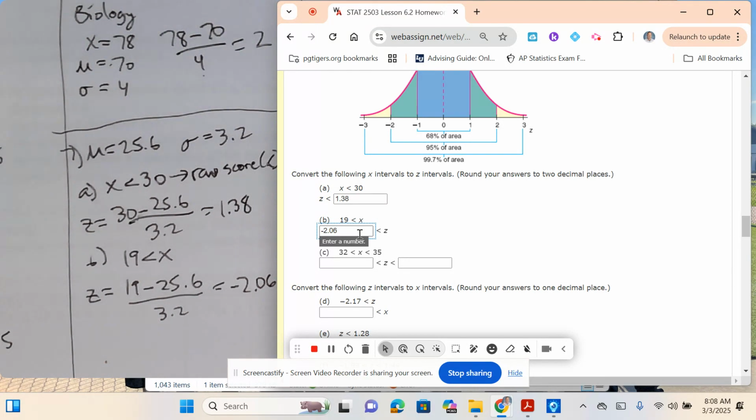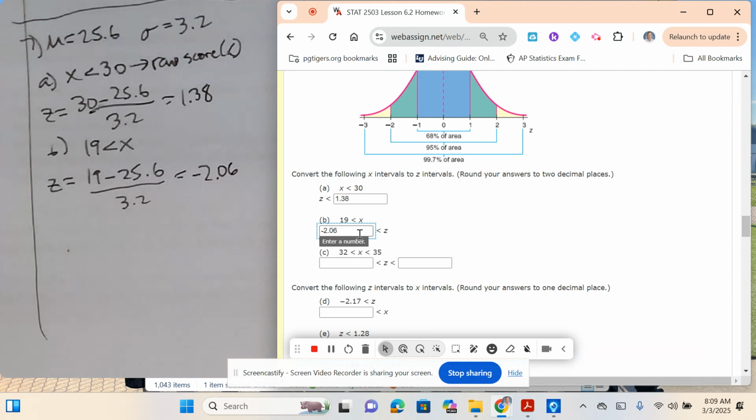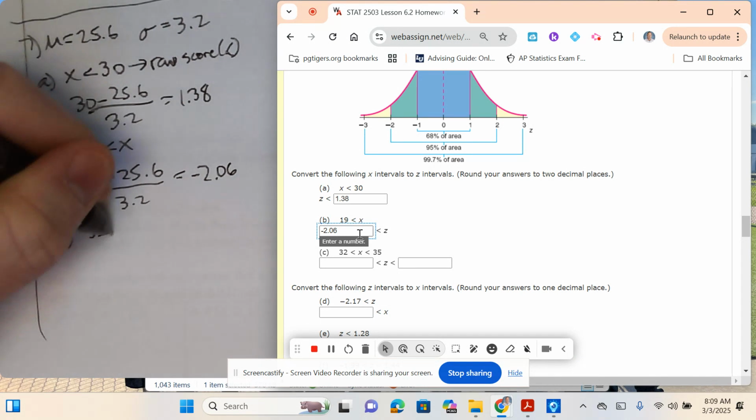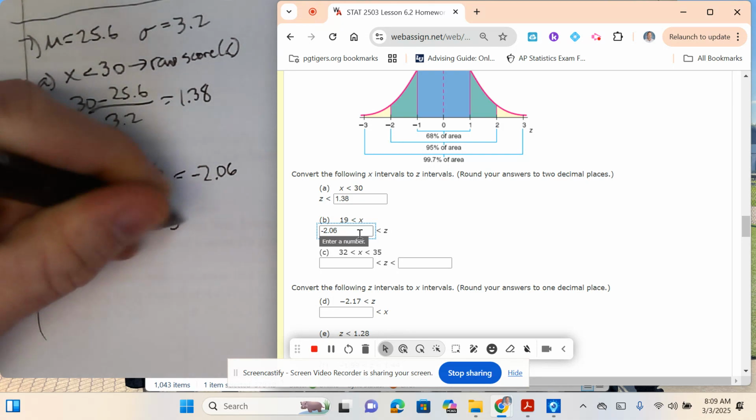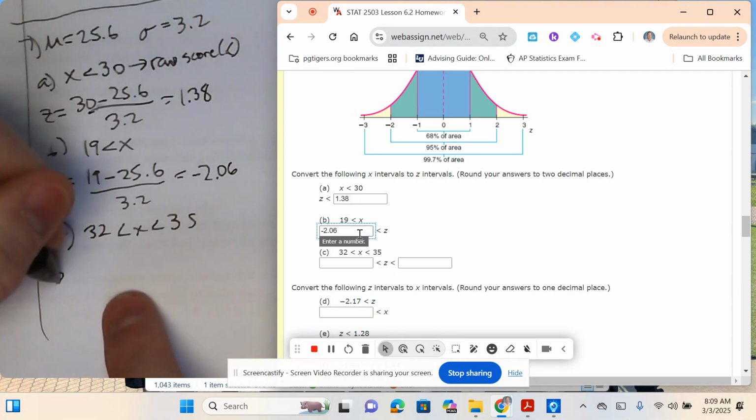All right, a little tedious, but this is a good example to look at. This is laying the foundation for things we're going to be using for the rest of the year. So this is a good lesson to do. I don't think it's overly difficult for you. For 32 to 35, I'm going to treat these like raw scores and do this separately.